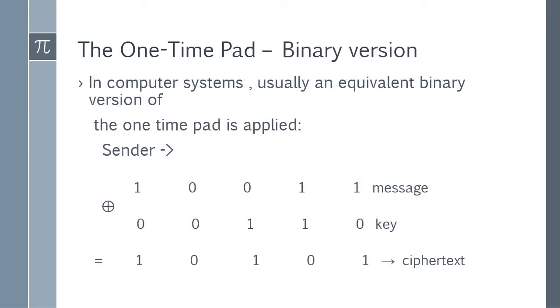And there is also a binary version of the one-time pad. And there we use it as follows. We take our bit string, for example, now we'll take as a message the bit string 10011, and we combine it using the XOR operation with the key. Our key is 00110.